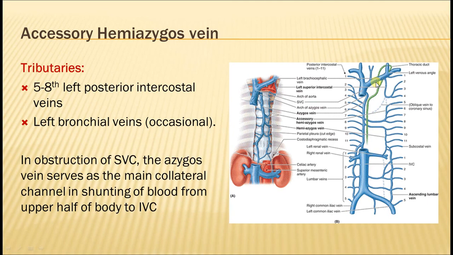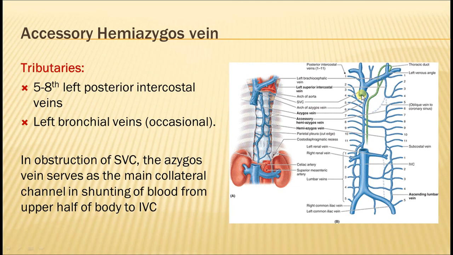Now I told you it serves as a main collateral channel, mainly in the obstruction of the superior vena cava. Now let us assume the superior vena cava is obstructed after the termination of the azygos vein.